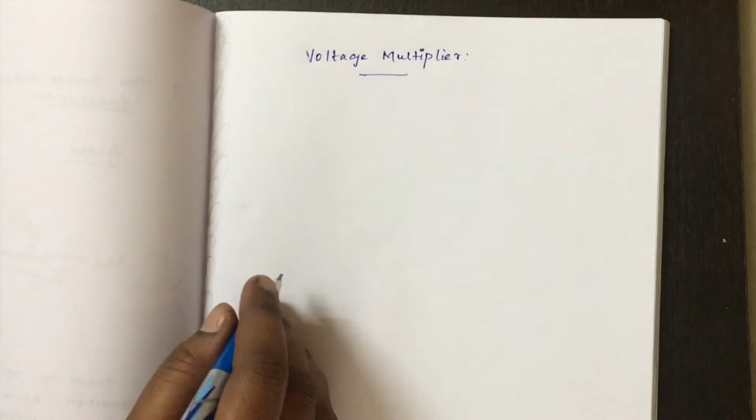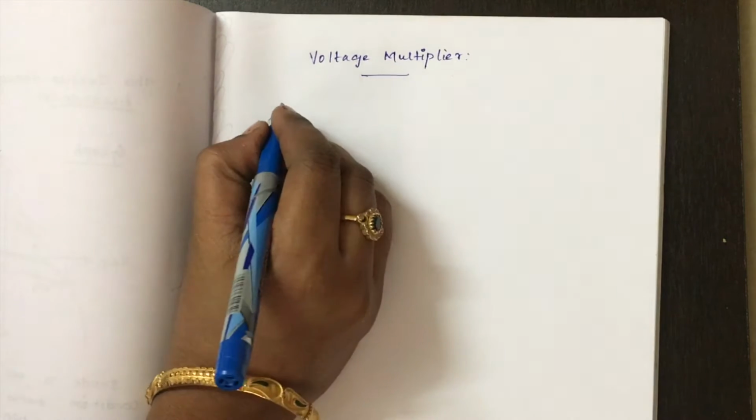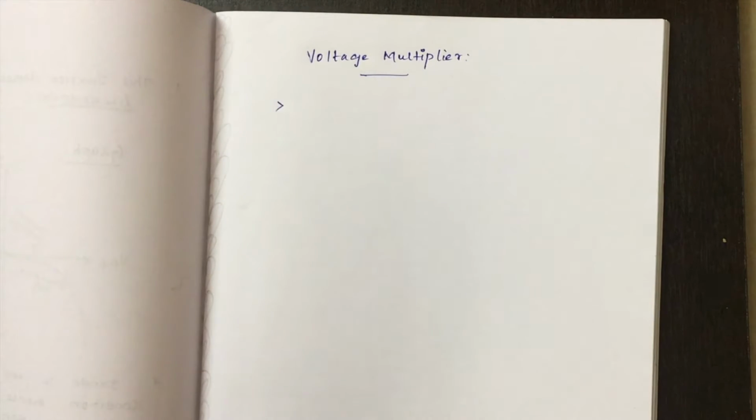So a voltage multiplier is a circuit which is used to produce an output twice, thrice or even more, as we want, from the given input signal. It is simply said to produce multiple DC voltages from a given AC signal.